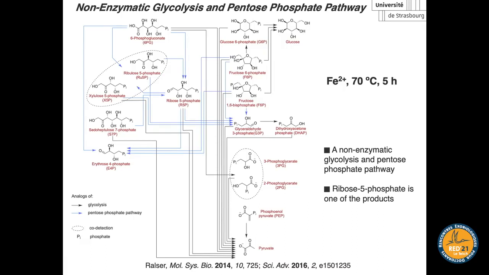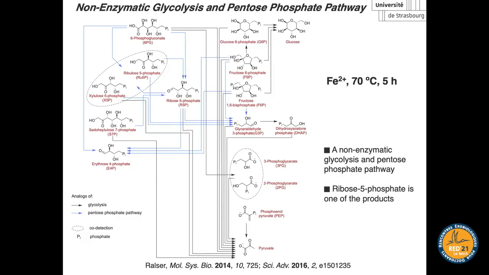Here I must also mention the work of Markus Ralser again. Back in 2014, well before we started to work on non-enzymatic analogs of biochemical pathways, the Ralser lab found quite serendipitously that a mixture of iron salts in 70 degrees Celsius warm water can break down sugars following the pathway of glycolysis and also the pentose phosphate pathway.